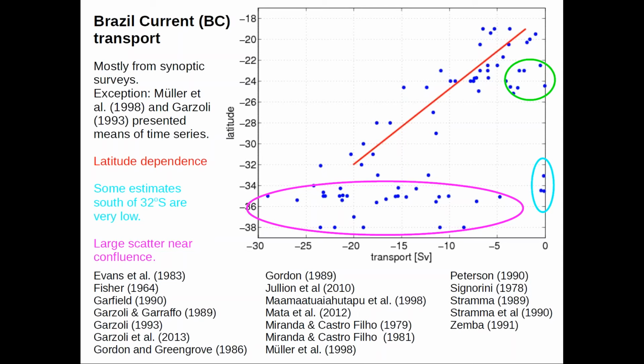And then we have the green circle and the cyan ellipse that indicate some values that are more outlandish than the others. They're out of the range where you would expect them, but I'm not really surprised because it's pretty tricky to get the Brazil Current transport. Sometimes you have strong eddies and then you can't really find it.